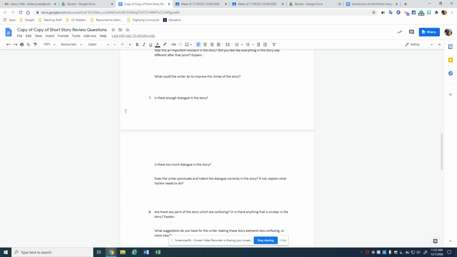But if you have a significant amount, but you also have a lot of text that isn't dialogue, then I don't think that's too much. So don't worry so much about that. The only thing I'd worry about is if you only have one piece of dialogue in there, that's probably not enough. But if your whole short story is just dialogue, then that's probably too much. Try to find that happy medium. And if you need help with that, or you're confused, or you have some uncertainty about it, email me.